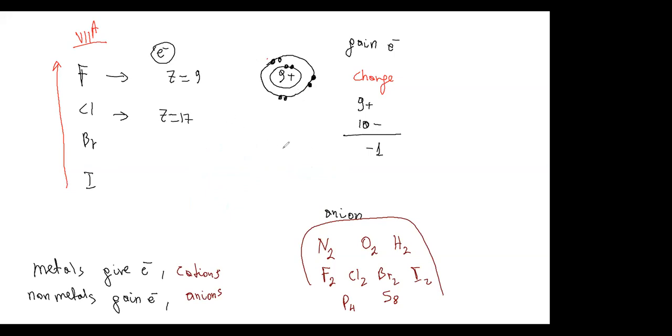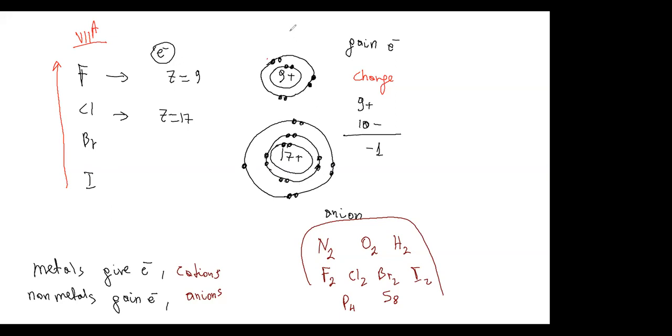It means that it has 17 protons, 2 electrons in the first shell, 8 more electrons in the second shell, and it has 1 more shell. It is in the period of 3, so it has 7 more electrons here.